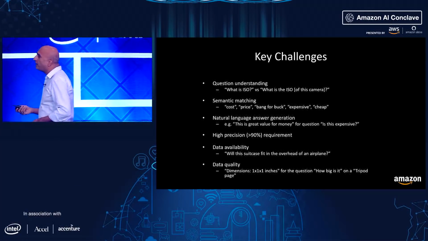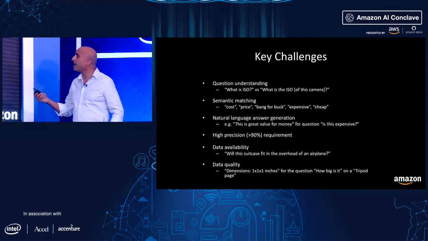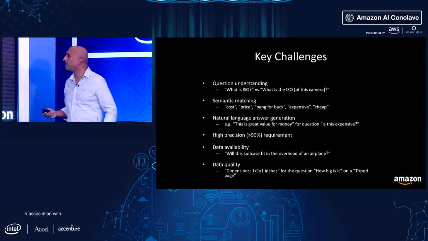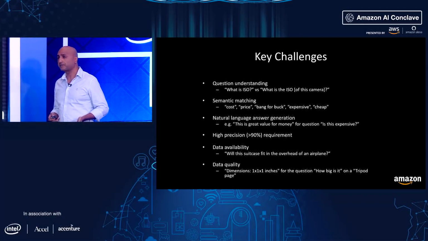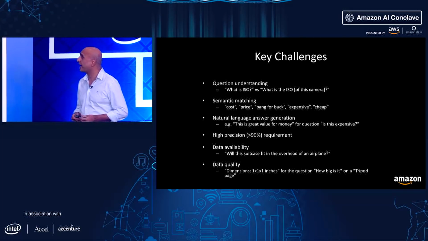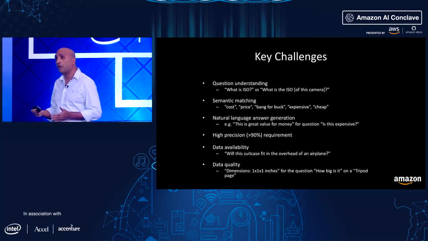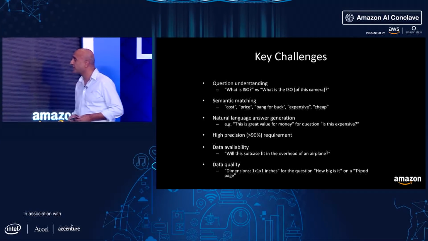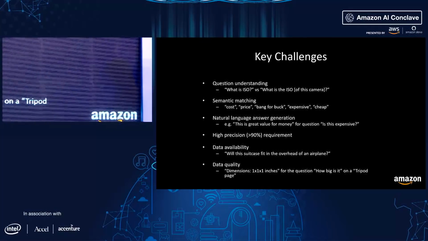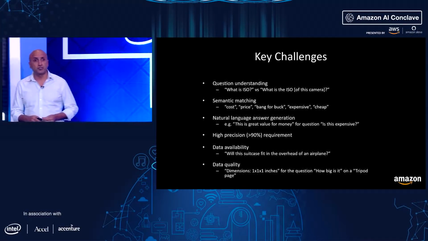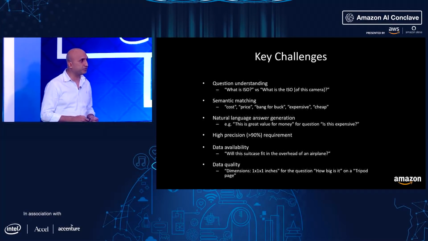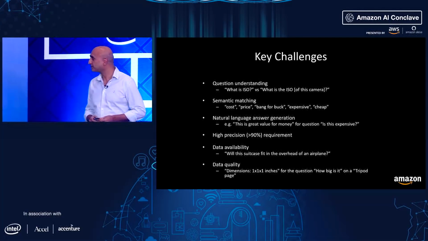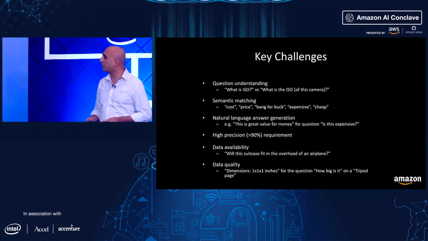And that happens because you can refer to a product attribute like price in several different ways. Cheap, inexpensive, bang for the buck. There are all these different ways of referring to the same product attribute. We want to generate natural language answers. All the answers should have a very high degree of precision to maintain customer trust. And of course, you can get questions like, will this suitcase fit in the overhead of an airplane?